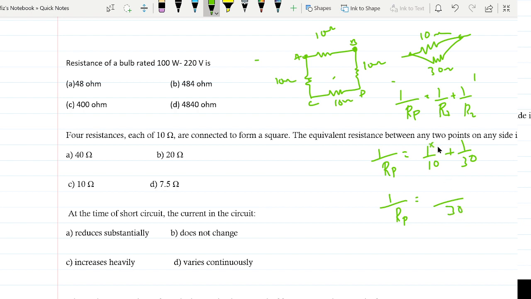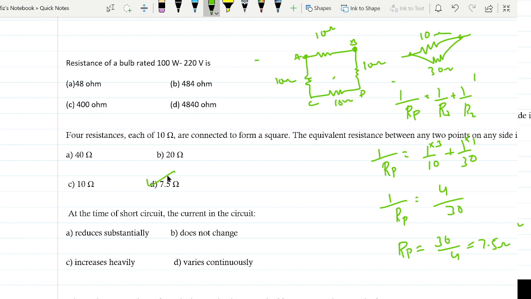So it is 3 plus 1, so 4 by 30, then Rp is equal to 30 by 4. Yes, you divide it, children. How much will you get, children? 30 divided by 4, it is 7.5 you will get. So this is the right answer.